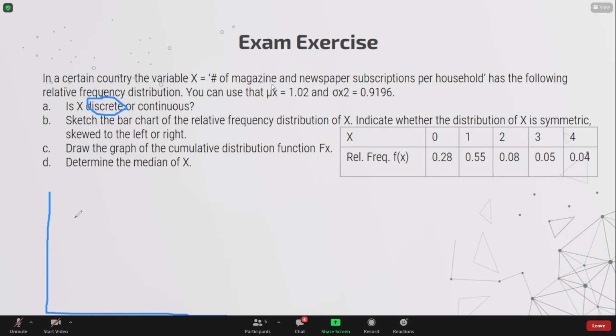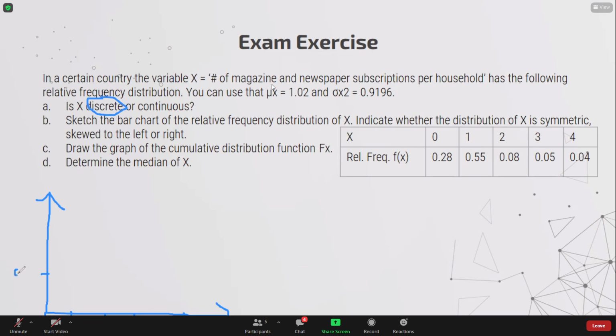Draw the graph. And we start with 0. We have 1 up to 4. For 0, we know the relative frequency is 0.28.